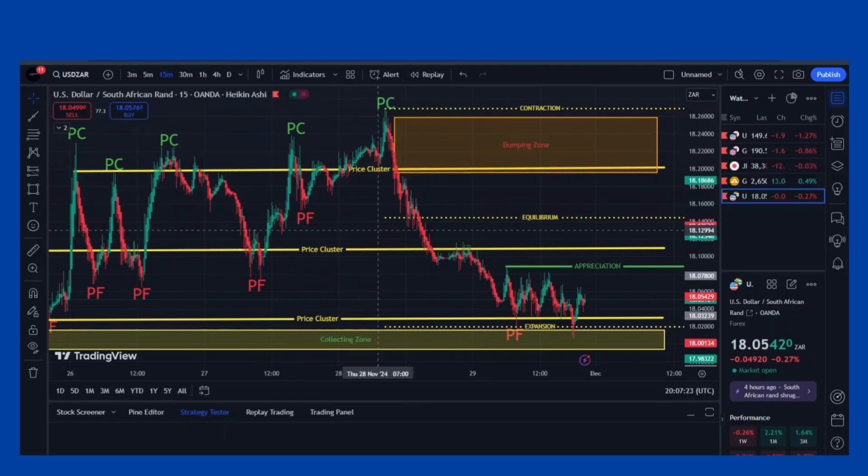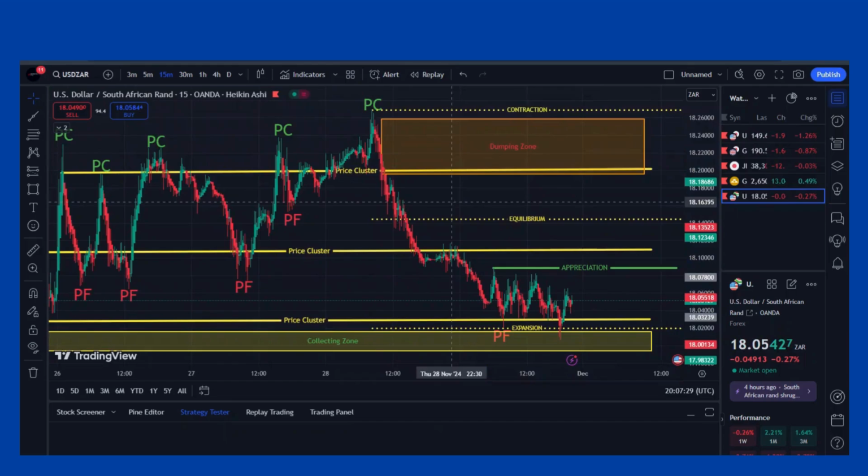I look at political events, and I also look at the economic calendar, and with those I focus on the monetary side. From the monetary side, I look at the policies that have been implemented for that particular quarter, and I look at the price movement based on those policies.